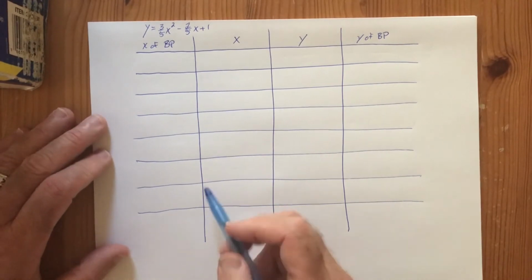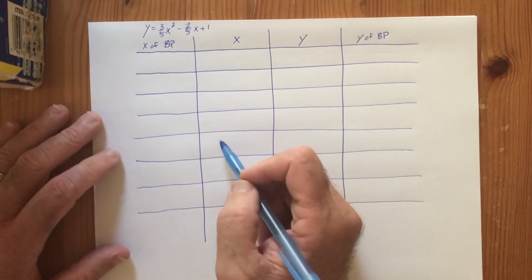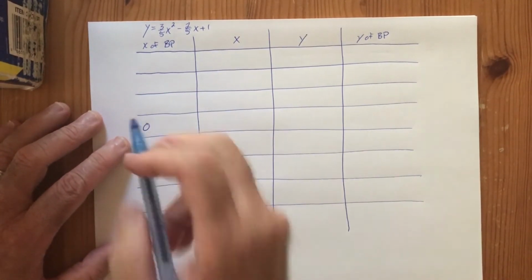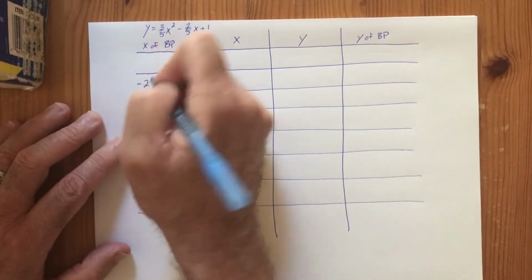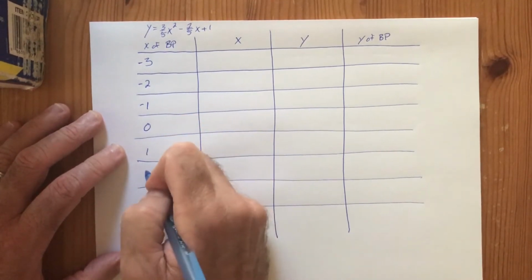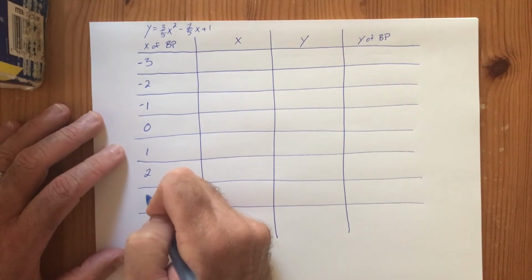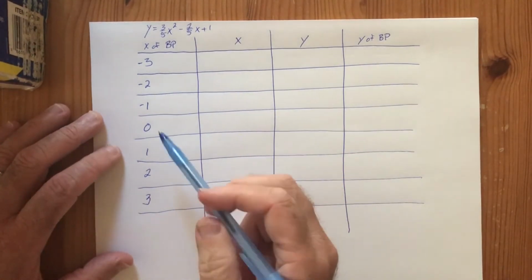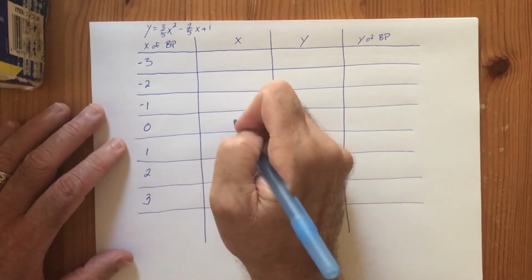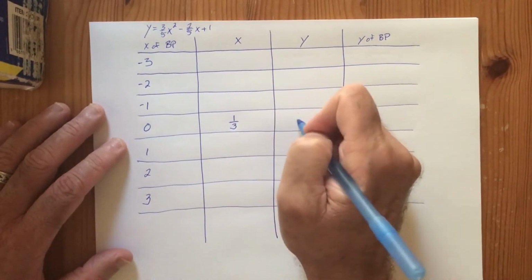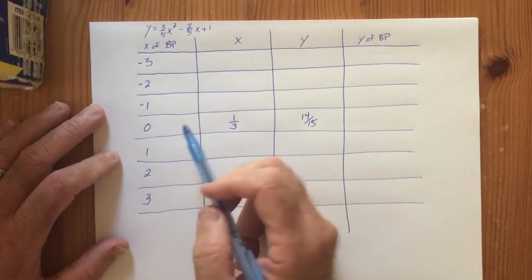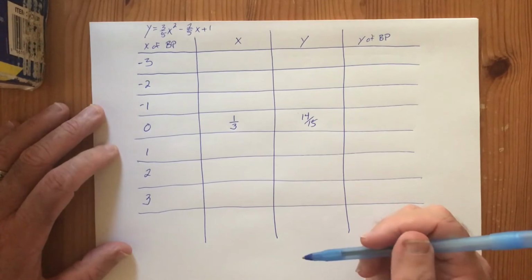If you recall, the x-coordinate of our basic parabola was 0, and then the other x-coordinates we used were 3 to the left of the x-coordinate of the vertex and 3 to the right. The coordinates of our vertex were 1/3 and 14/15, and we will discuss what happens with the y-coordinates in just a moment.